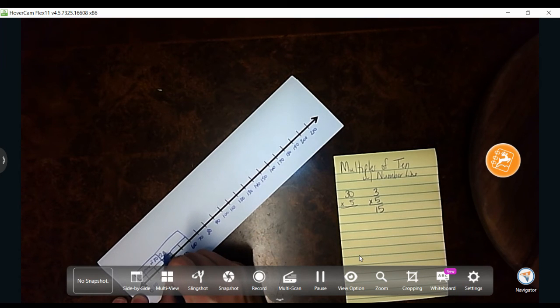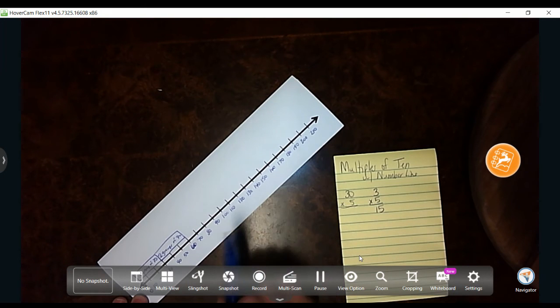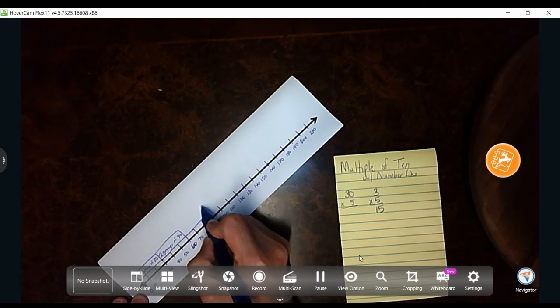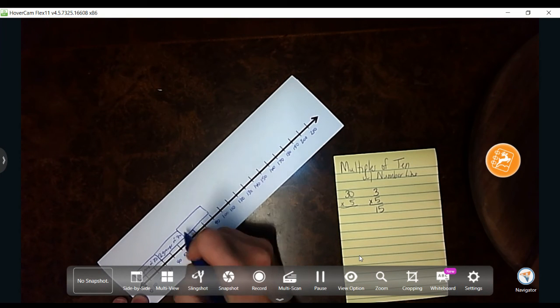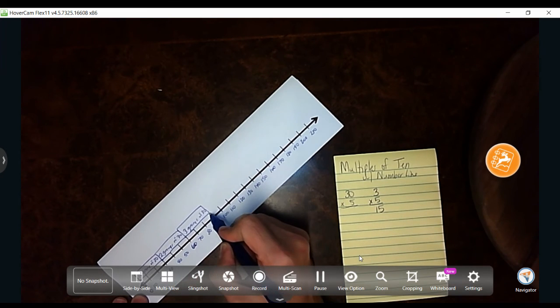This is 2 groups of 30. And remember, my goal is to have 5 groups of 30. 10, 20, 30. This is 3 groups of 30.